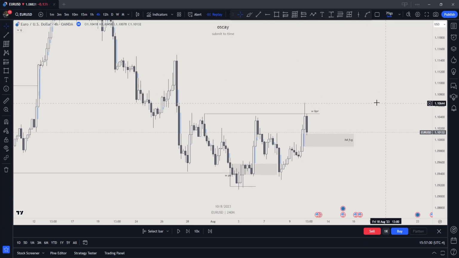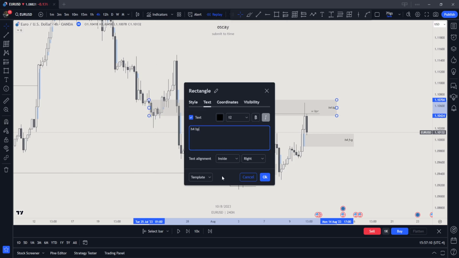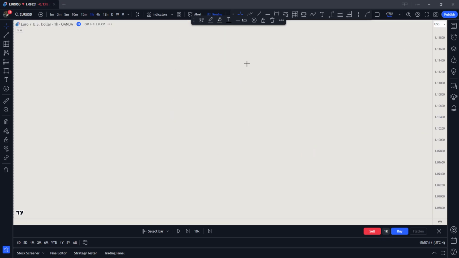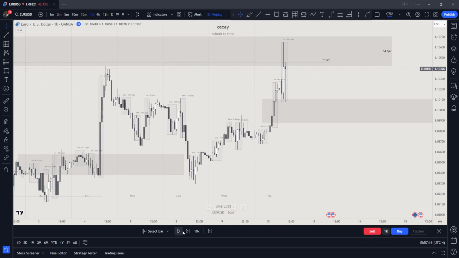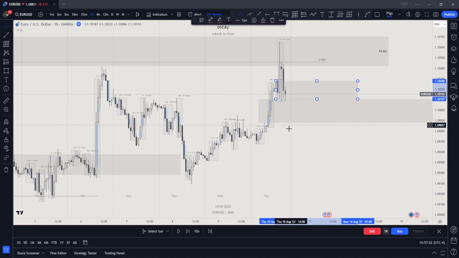So midweek reversal. We would like to see price, and this is also an H4 breaker, by the way. So price was getting pushed up into the H4 breaker for the H1 change in the state of delivery.